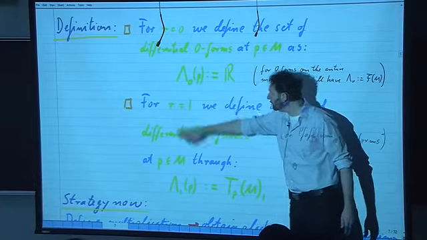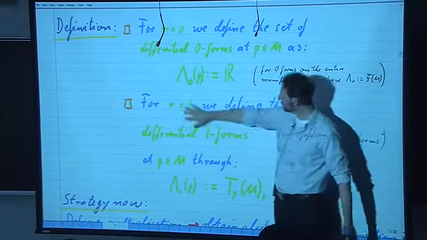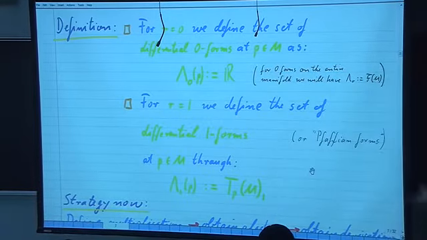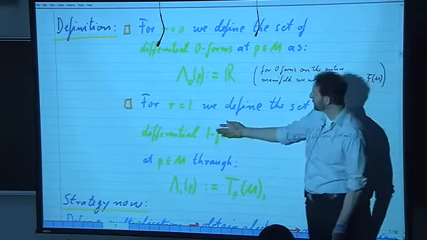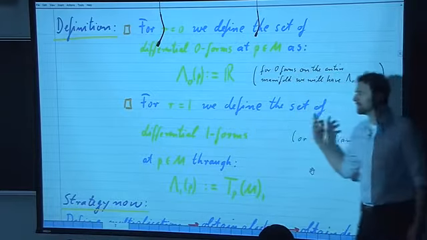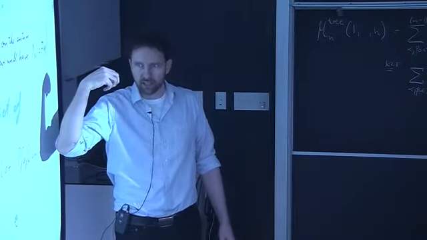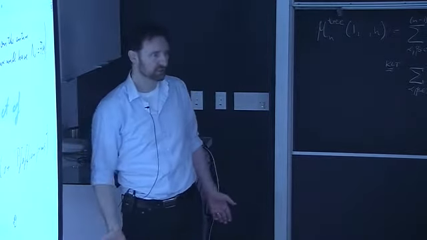The differential 1 forms are simply the cotangent vector space. There's nothing to antisymmetrize. And that's straightforward. Remember that the antisymmetrization came from the need to antisymmetrize in the Jacobian determinant for changes of variables in multidimensional integrals.